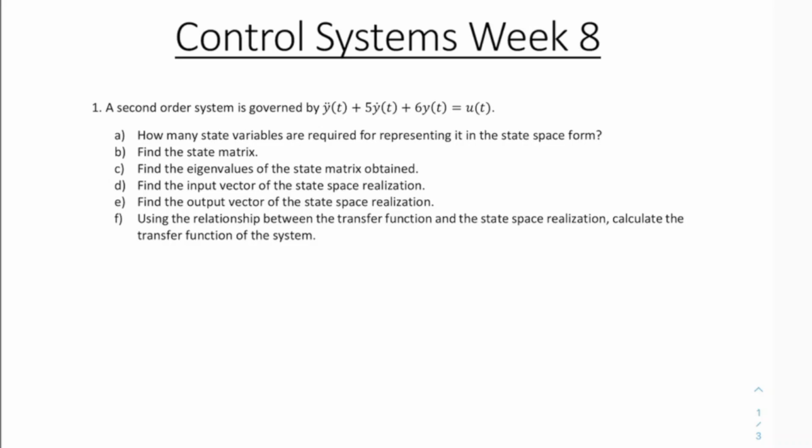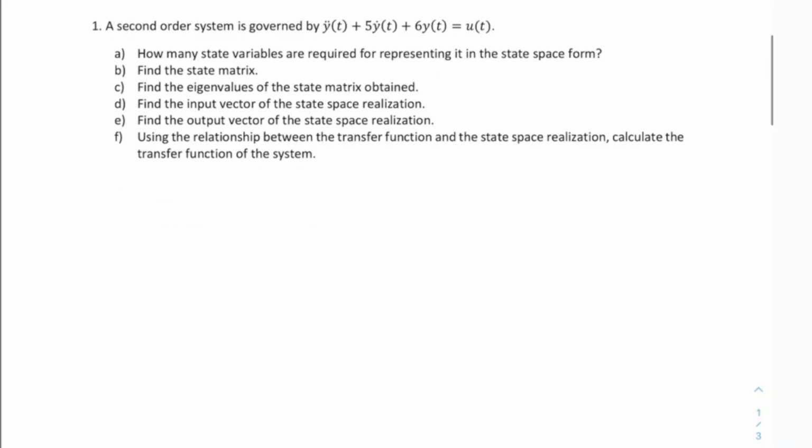So let's get right into this question. First, we have this governing equation: y double dot of t plus 5 into y dot of t plus 6y of t is equal to u of t.